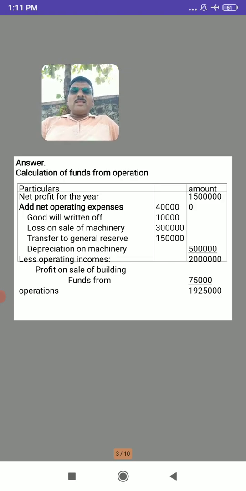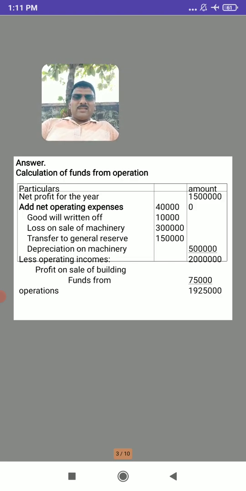The only thing we have to keep in mind is that first we have to know the net profit as per the P&L account. We have to search for the net profit given as per the profit and loss account. For that we have to add all non-operating expenses.